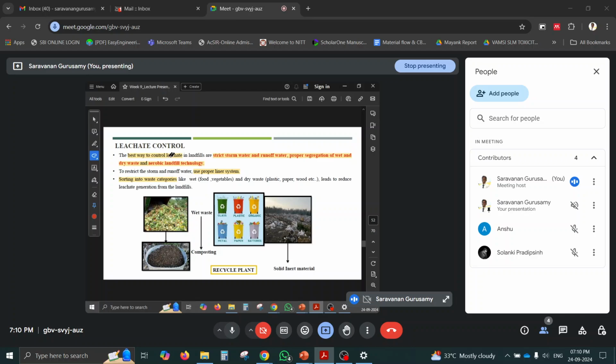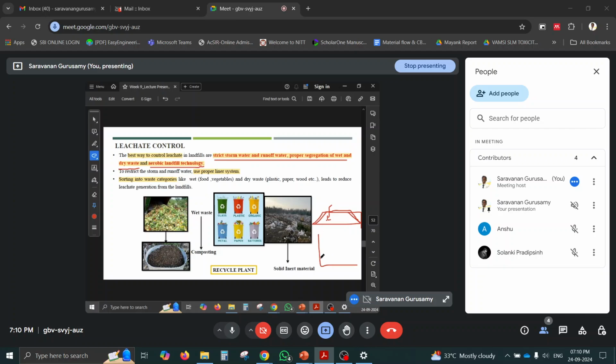So leachate control, the best way to control is strict stormwater and runoff control, and proper segregation of wet and dry waste. Whenever wet waste comes into the landfill, leachate will be produced. And then aerobic landfill technology, that's what we are going to discuss in the coming slides. Landfill is always anaerobic because we have a contained system. We are covering with the liner and final cover, so there is no entry of oxygen into the solid waste.